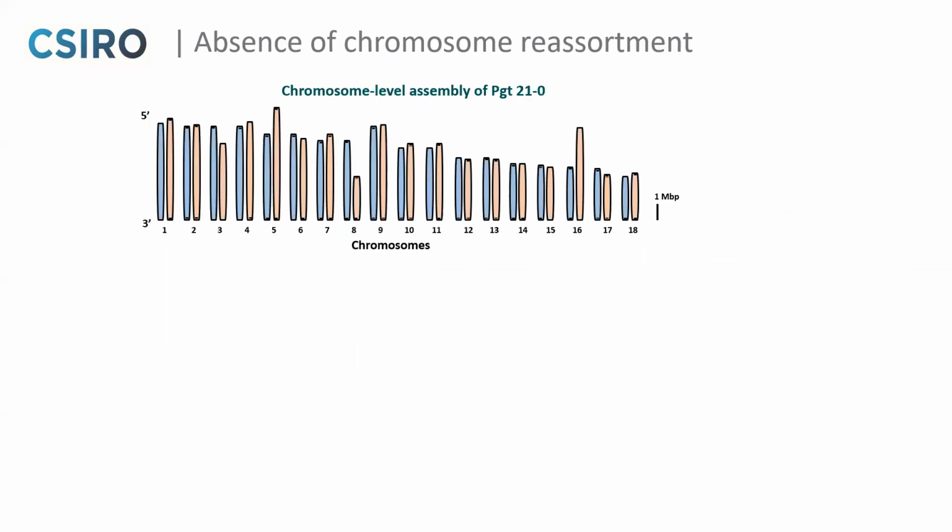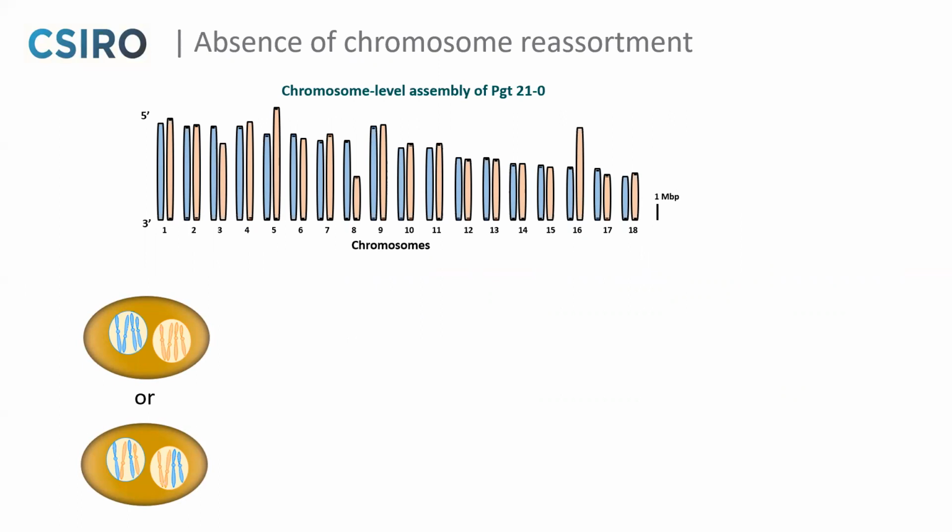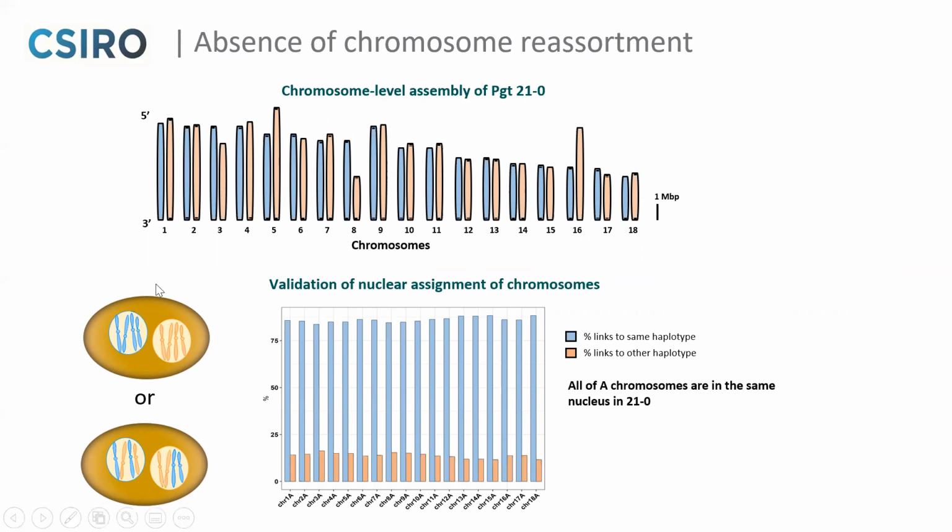The Hi-C data also allowed us to reach a chromosome level assembly of PGT21. In this case, we were in a position to answer the question of whether chromosome reassortment could have happened, again being related to sexual recombination. After our analysis, we concluded that all the chromosomes in haplotype A were highly linked to other chromosomes assigned as haplotype A and not B, suggesting that the scenario we had is the one that I'm suggesting here.